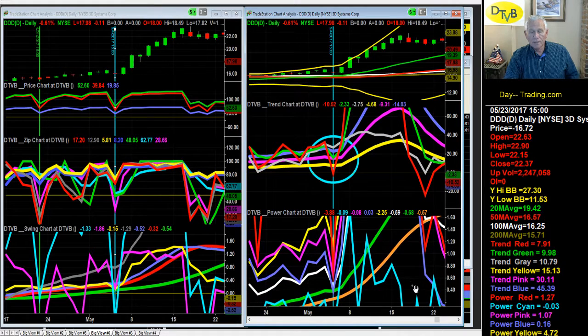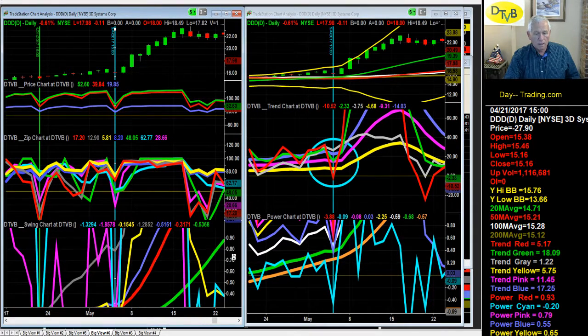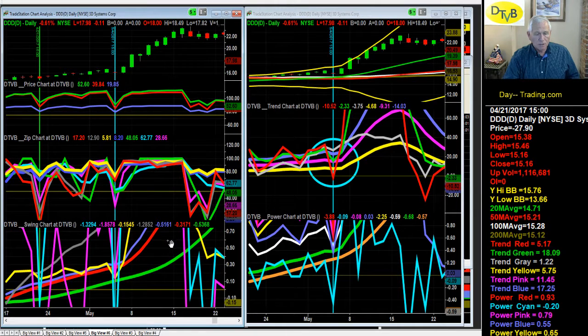If you look down here in the power chart, you can see orange and green crossed over zero way back here somewhere next to the edge of the left side of the screen. If you go into the swing red and green lines, you find that those again are both over zero.